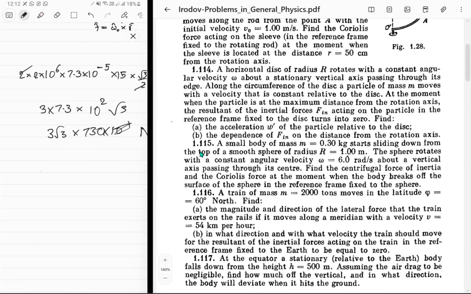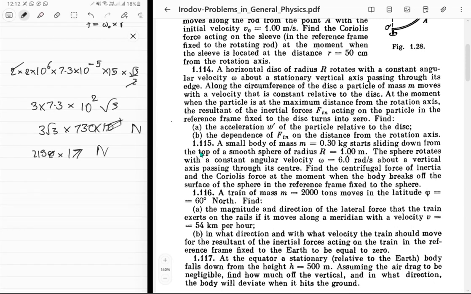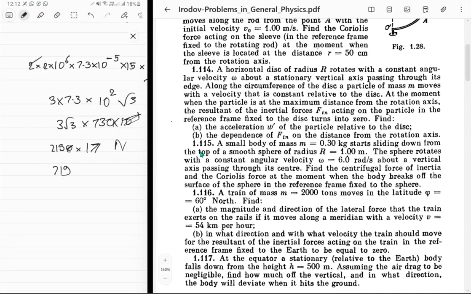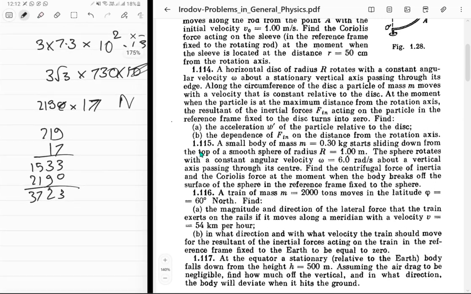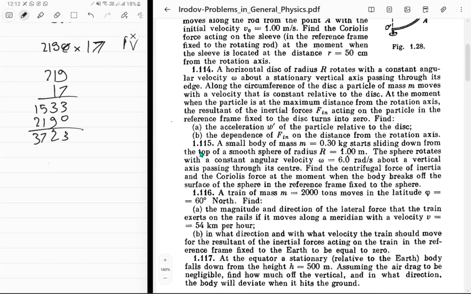So 3 times that is just 2190. Square root 3 is approximately 1.7, so these many newtons, and we'll approximate it in the end. So 219 times 17 gives 3723, approximately 3.7 times 10 power 3.